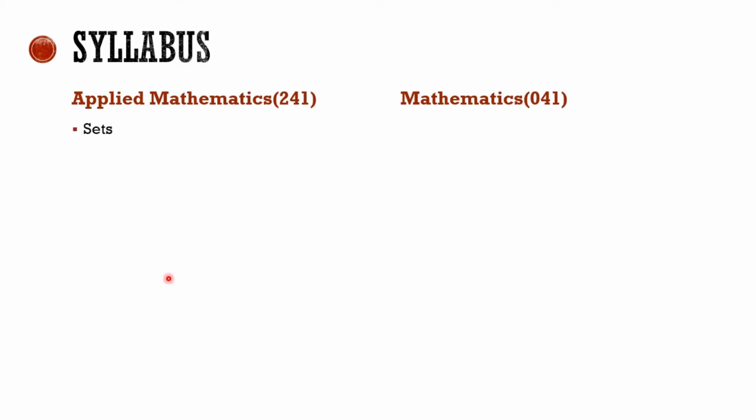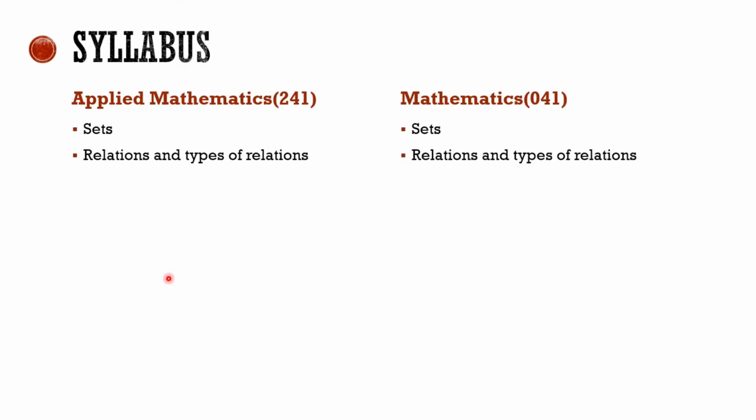Now next unit, sets. Sets are given in both applied mathematics and mathematics. Relations and types of relations are also given in both. Sequence and series is common in both groups.